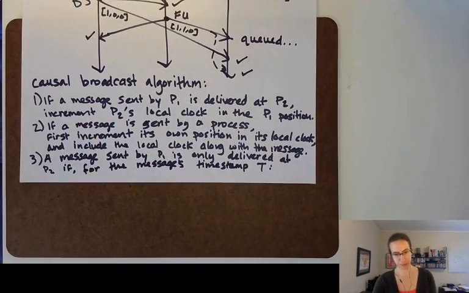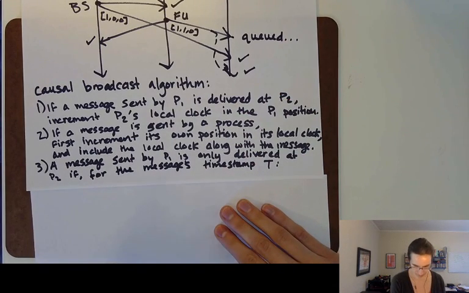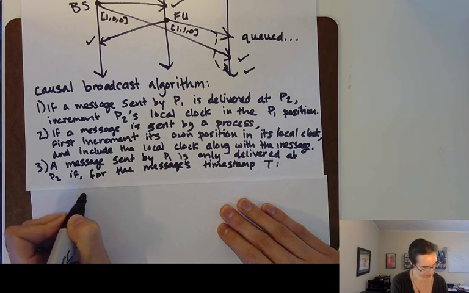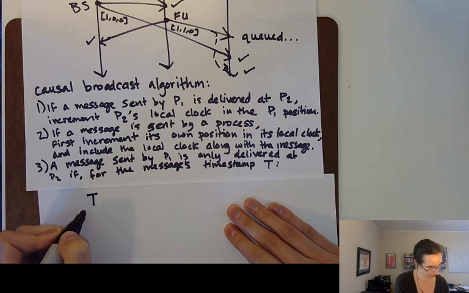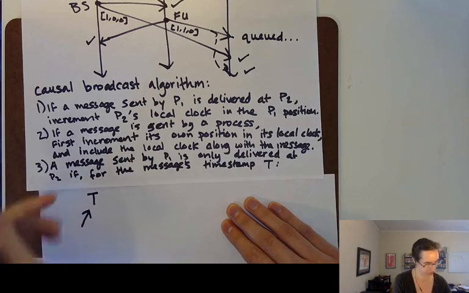I'm kind of running out of room, so I'm actually going to move to another sheet here. We say that the timestamp, and this again is the vector clock attached to P1, or excuse me, the vector clock attached to the message coming from P1.